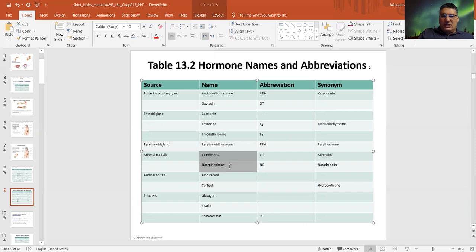If you are in a dangerous situation, or if somebody's attacking you, or if you're extremely stressed, what's going to happen, and you name it. The cortex, on the other hand, which is the cover from outside, has different secretions. Aldosterone and cortisol are the most important ones. Cortisol is the very famous one that we say cortisone or hydrocortisone.